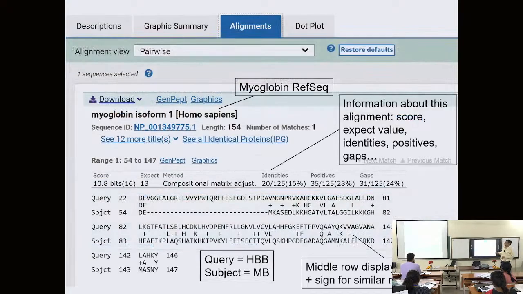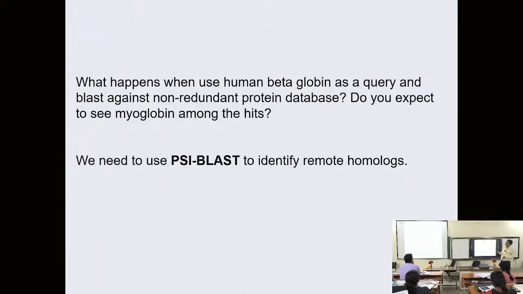So this is a problem with BLASTP, that it is not able to return myoglobin and beta globin as homologs. It does align, but we often say homologs, and I just said that BLAST is not for predicting homologs. It is just predicting whether the sequences are similar or not. But I think this happens over the course of time. We start misusing actually the concept.